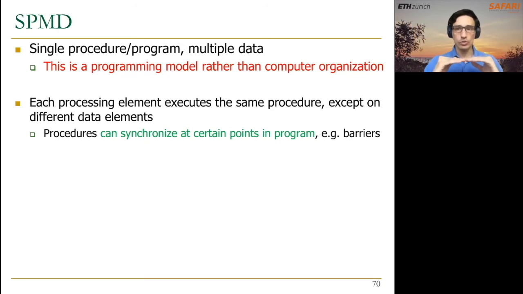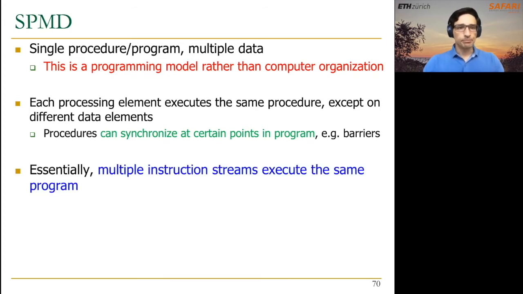In order to do so, we use a barrier, which is a synchronization command or instruction that we use at some point in our program, and warps will wait there until other warps reach that point. That's something that the SPMD programming model also offers, and the hardware will handle it transparently.